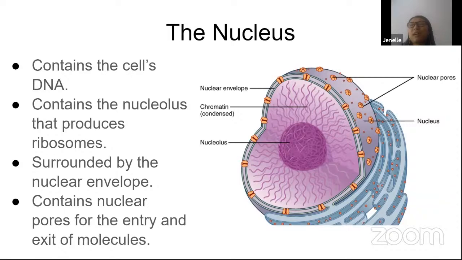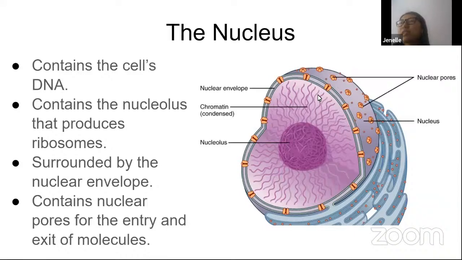The unique aspect of the nucleolus is that it does not have a membrane surrounding it. So that is another structure that is not considered an organelle because it doesn't have that membrane. The nucleus, though, is surrounded by a nuclear envelope.